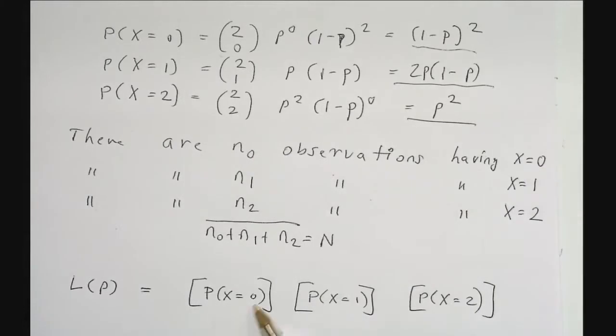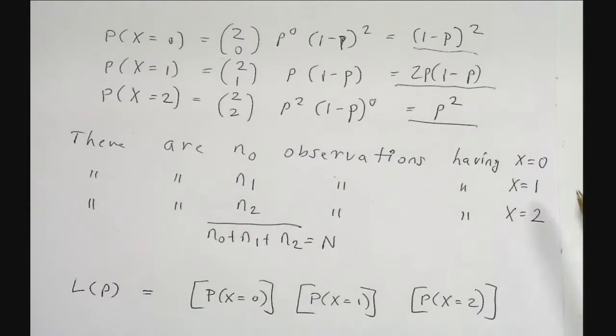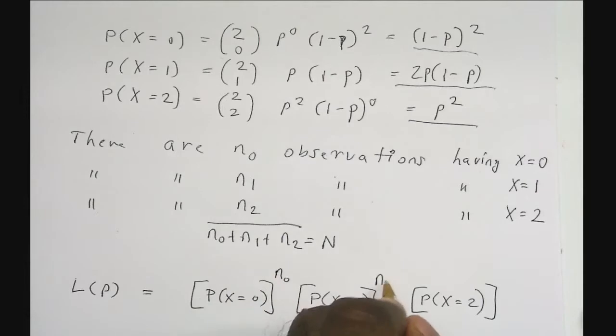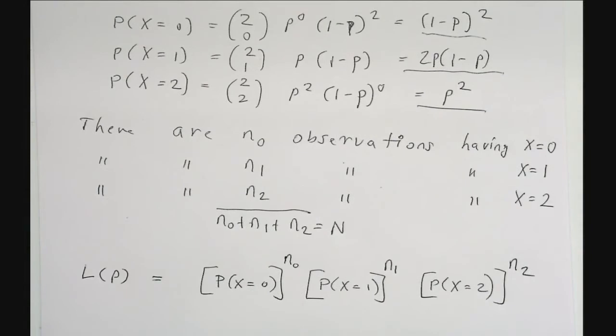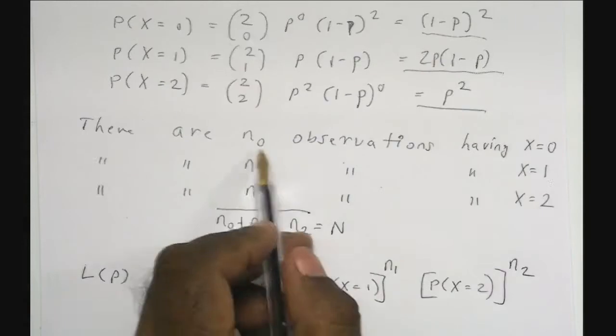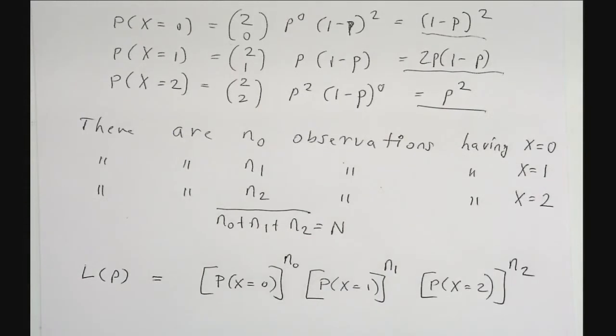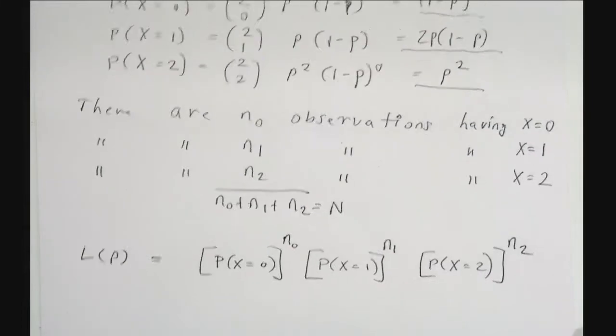But this is the probability that a single x equals 0. So what's the probability that there are n0 such x's? You understand what I've done? This is the probability for a single x equal to 0, but there are n0 observations with x equal to 0, so it's this. And similarly this, right?